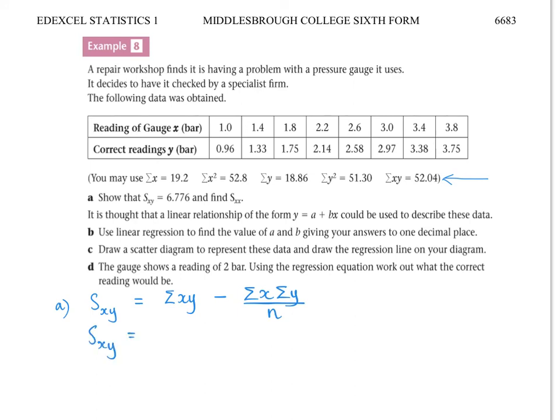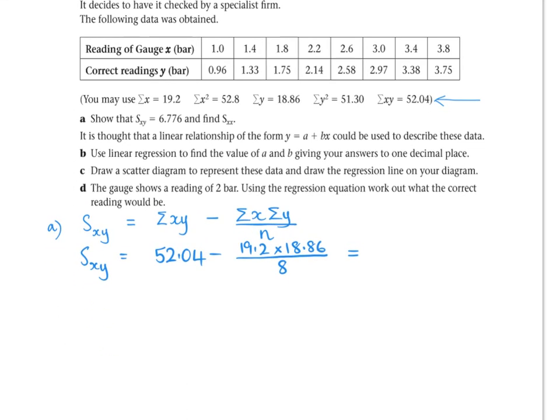So the sum of x times y is 52.04 minus the sum of the x's, which is 19.2, times the sum of y's, which is 18.86, over how many pieces of data we've got, which is 8. Now that works out to be 6.776, and we've actually shown it, so we can do a little QED.